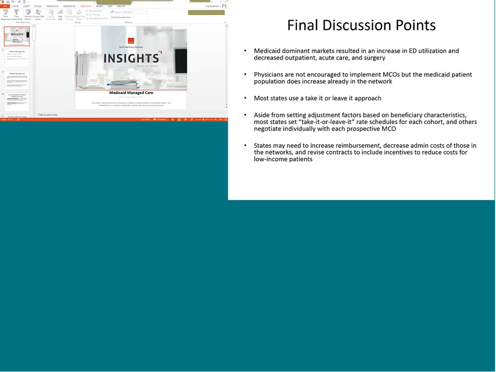In such cases, the rates for each cohort and others negotiate individually with prospective MCOs. And so there's a constant lobbying by the physicians to negotiate fee schedules, even for the Medicaid patients. States may need to increase reimbursement, decrease administrative costs, and revise contracts to include incentives to reduce costs for those low-income patients.